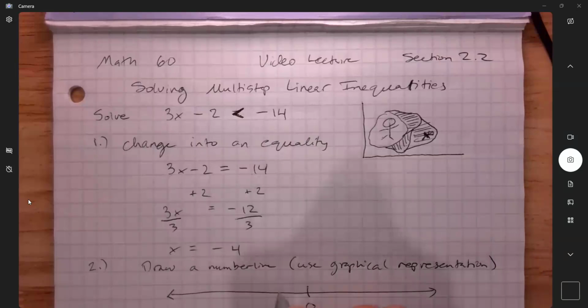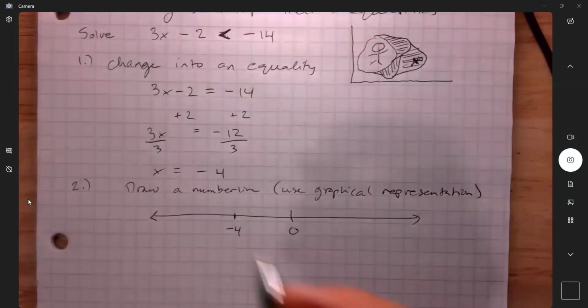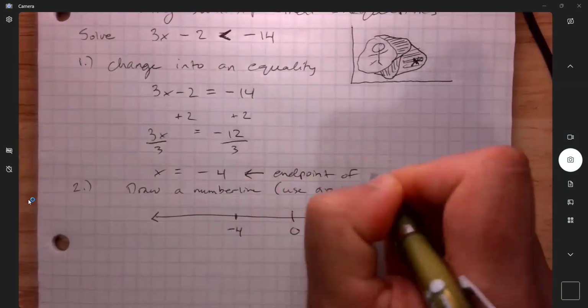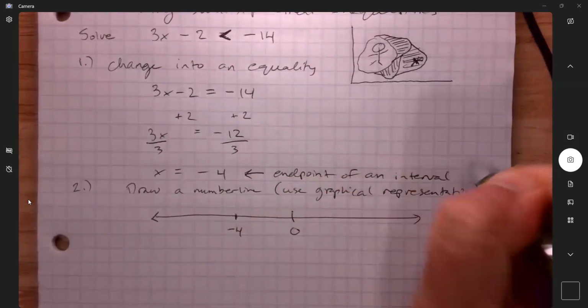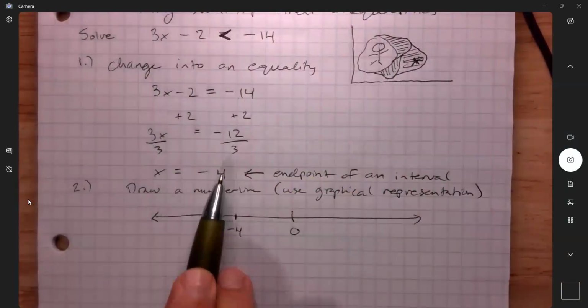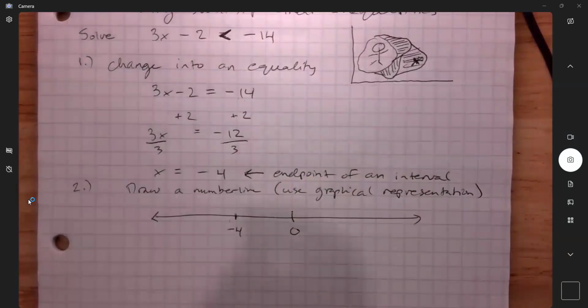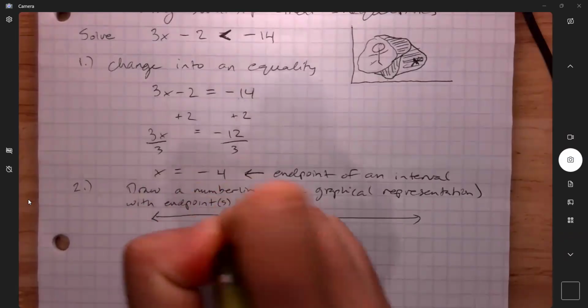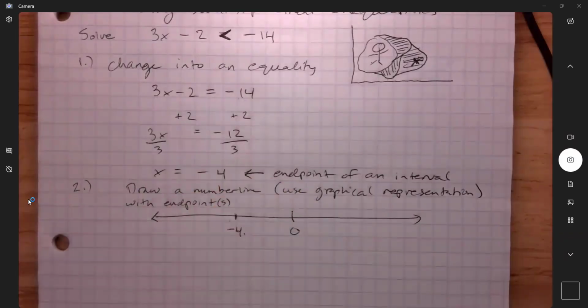Here's 0, here's negative 4. Now, when we solve the equality, what we found was the endpoint of an interval. Remember, when we talk about inequalities, we're talking about intervals with endpoints. And the endpoint is where it's equal. We've drawn a number line and we put our endpoint on there. Sometimes, especially in the future, you may have more than one endpoint. And that's why the number line is really helpful for you to keep track of it all.